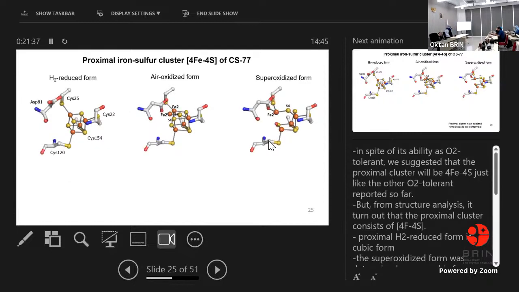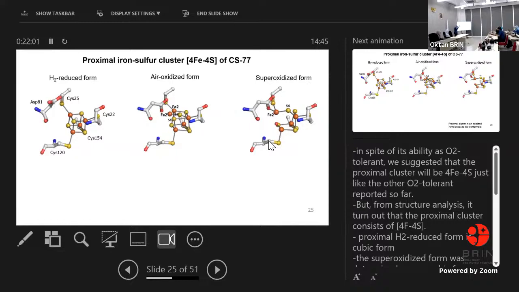All right, and in terms of the proximal cluster, there are different observations, different states of the proximal cluster that we observed. So this is in the hydrogen reduced form and air oxidized form.